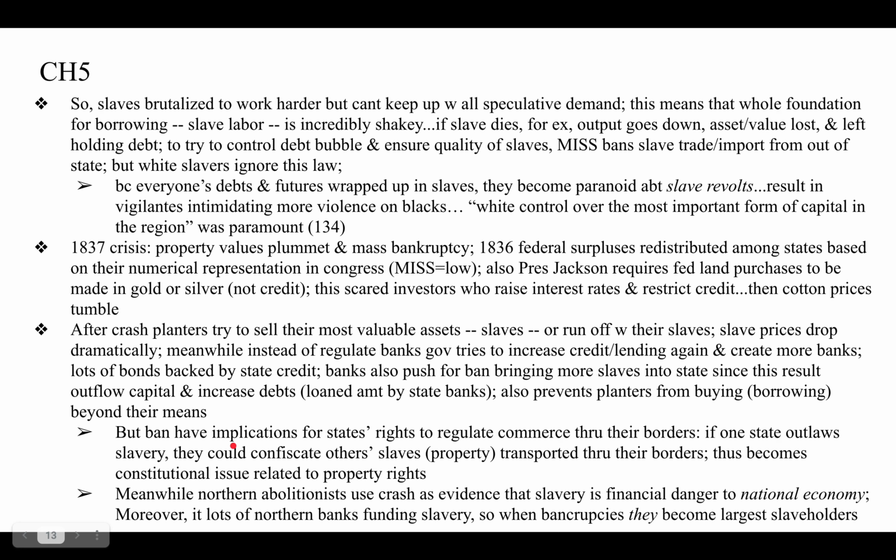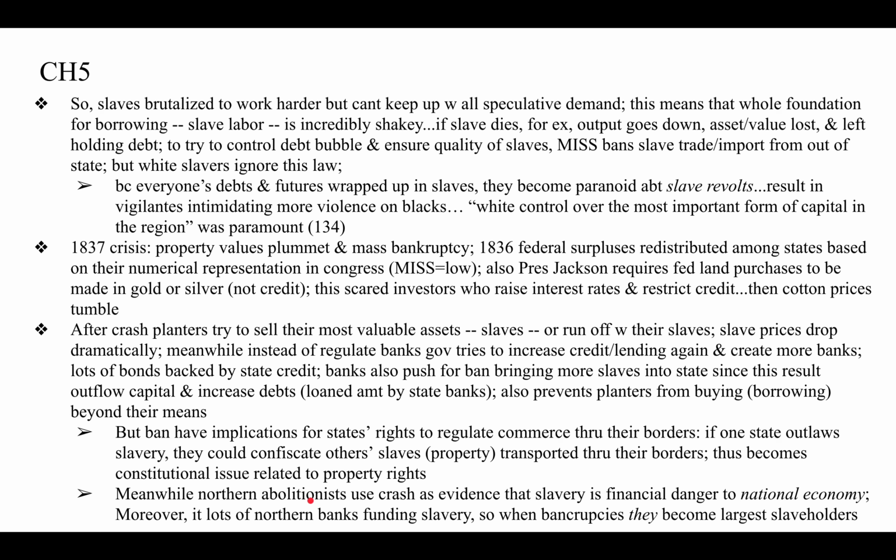But this ban would have implications for states' rights to regulate commerce through their borders. If one state outlawed slavery, for instance, they could confiscate other slaves' property, which were considered property, transported through their borders. Thus, this became a constitutional issue related to one of the fundamental building blocks of liberalism itself, property rights.